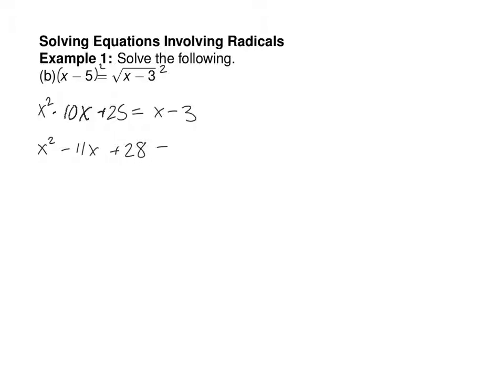X squared minus 11x plus 28. And hopefully that factors. It does. 7 and 4? Yep. So that factors into x minus 7 times x minus 4. And one potential answer is 7, and one potential answer is 4.